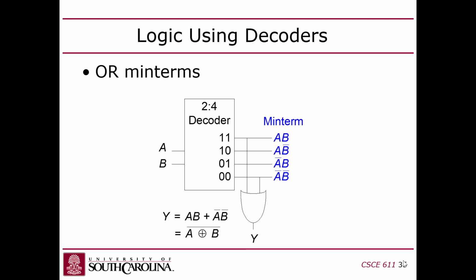And then you can feed those min terms into a big OR gate. You just connect all of the corresponding min terms into an OR gate, and you can create an arbitrary logic function this way. So the decoder never changes. The only thing you have to change to make this work for an arbitrary logic function is which of the outputs of the decoder you feed into this OR gate. You guys with me?